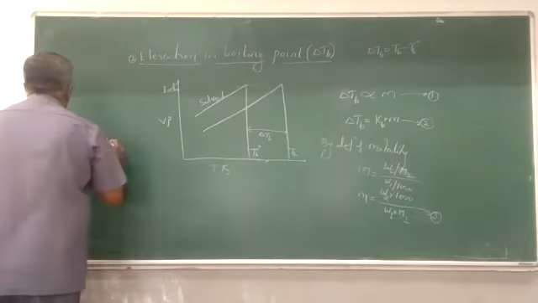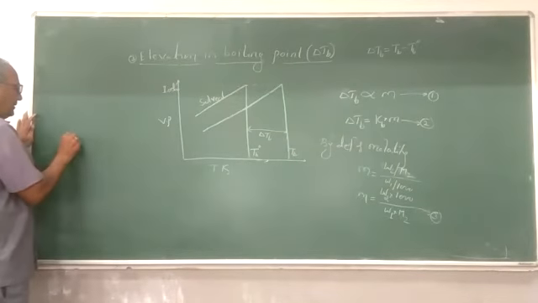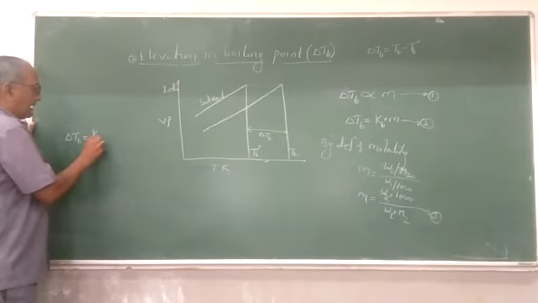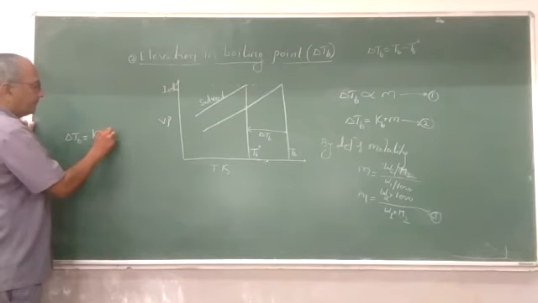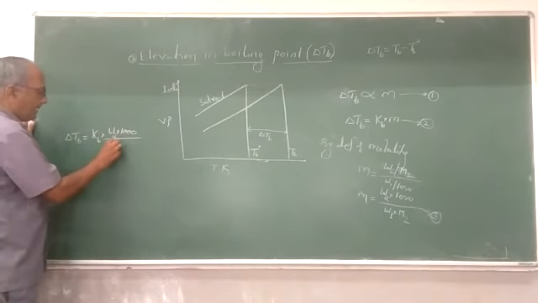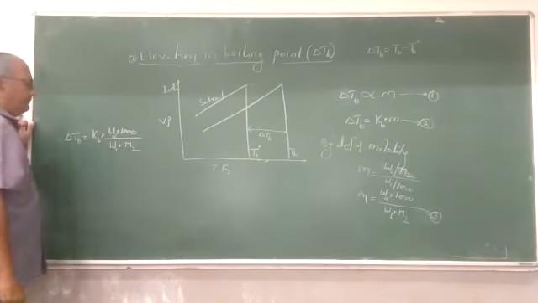We have delta TB is equal to Kb into W2 into 1000 divided by W1 into M2.